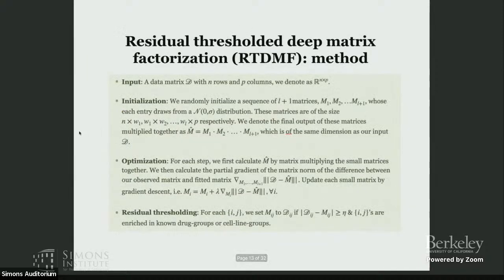So this is the brief procedure, but I just want to emphasize a few things. This can be considered a matrix you want to recover, and you represent it as the product of multiple matrices. The difference between deep matrix factorization and traditional matrix factorization is the dimension.